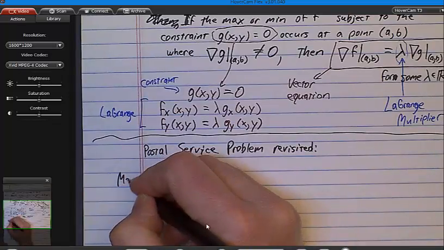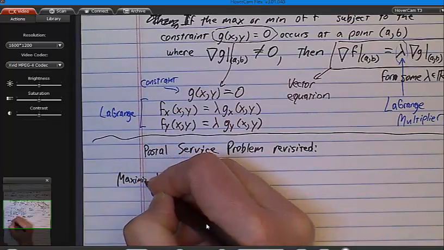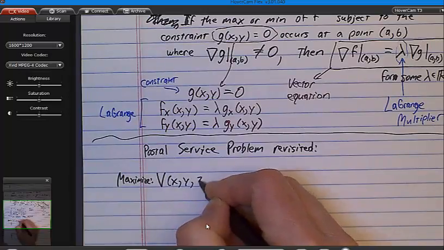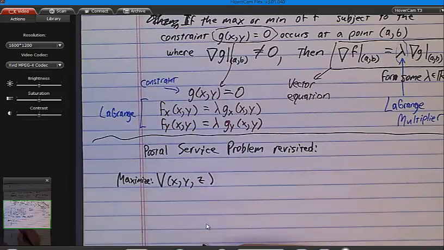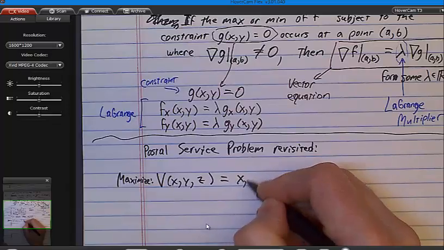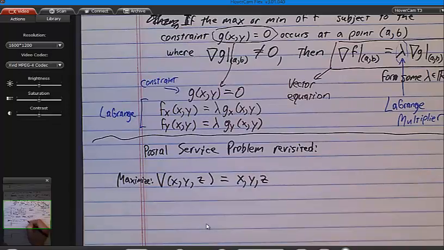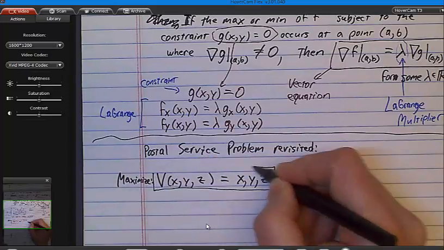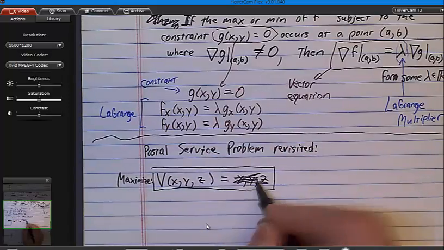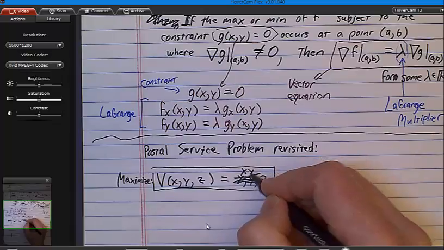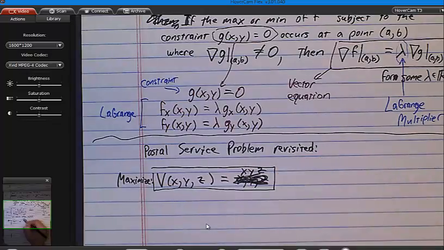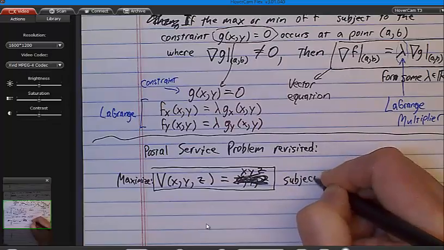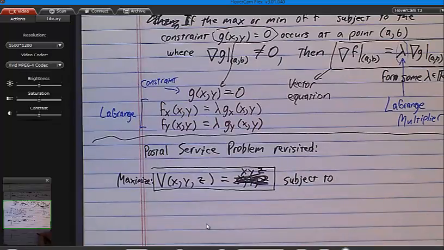So I want to maximize volume of x, y, z, which is equal to xyz. So there's my objective function. Oh, why did I put commas? Sorry about that. It's the product of them. Okay. Subject to the constraint.